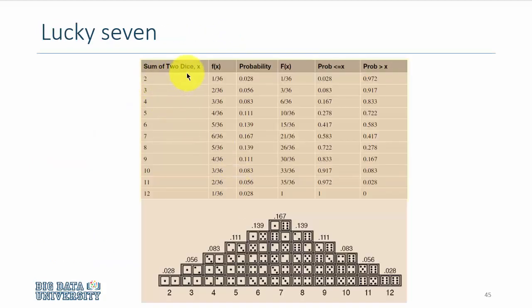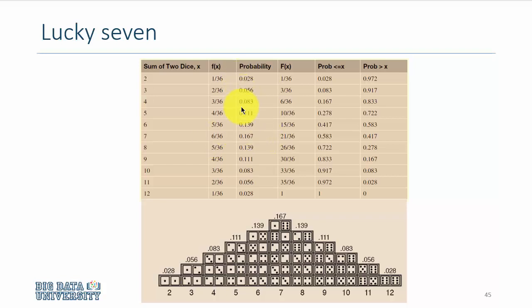So if you think about the sum of 2 dice being 2, there's only one possibility out of 36. Getting a 3, you have 2 possibilities. Getting a 4, you have 3 possibilities. Getting a 5, you have 4 possibilities, and so on and so forth. The most frequently possible number to have as a sum of 2 dice is 7, and the probability is 6 out of 36, which is 0.167.